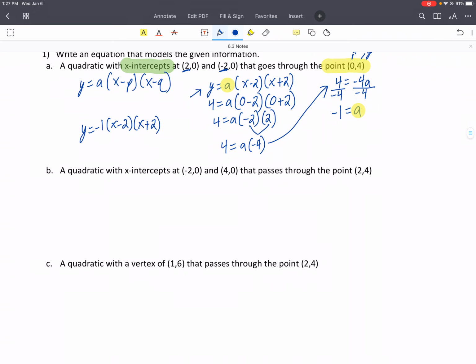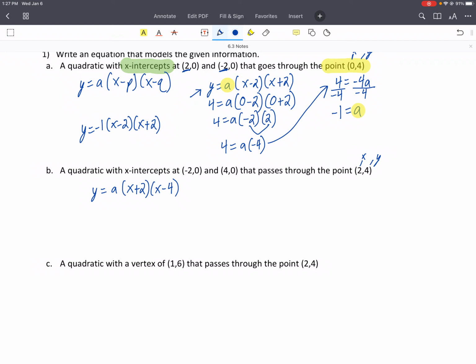We'd do basically the exact same thing for part b here. We'd make our equation: y equals a times (x plus 2), because it's negative, and then times (x minus 4), because it's positive, and then we'd plug in 2 for x and 4 for y. I'll leave that to you guys to see if you can figure that one out.